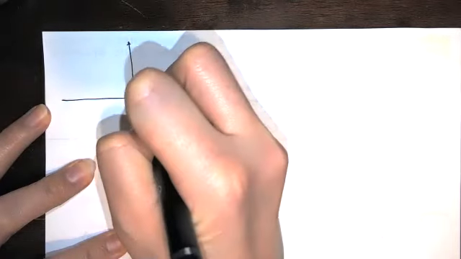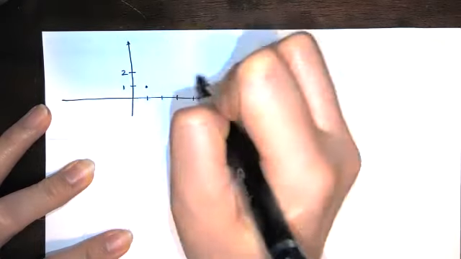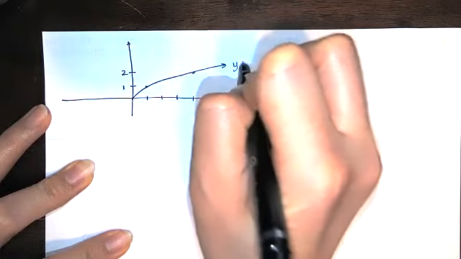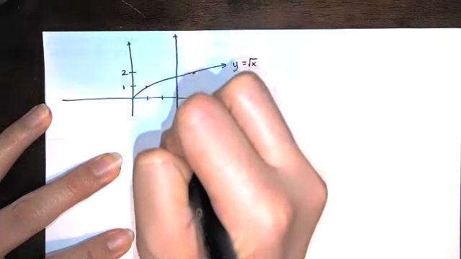So we start in the same way. We sketch the region. Y equals the square root of x looks like this. X equals 3 is right there.